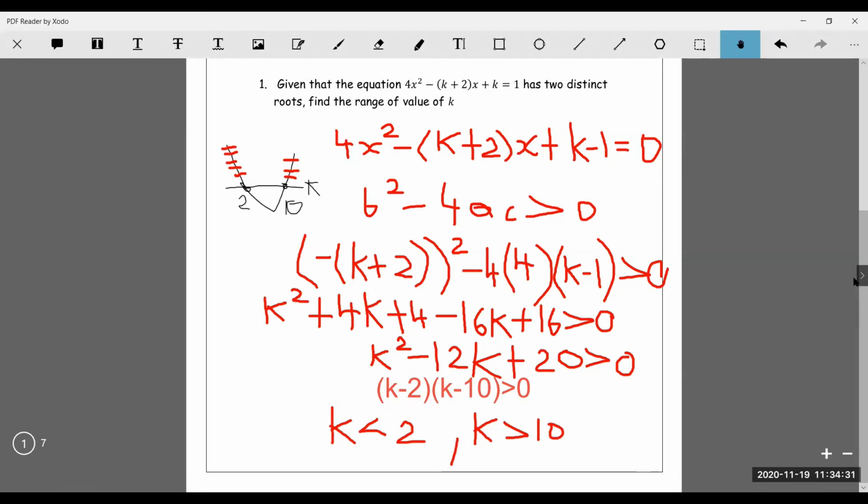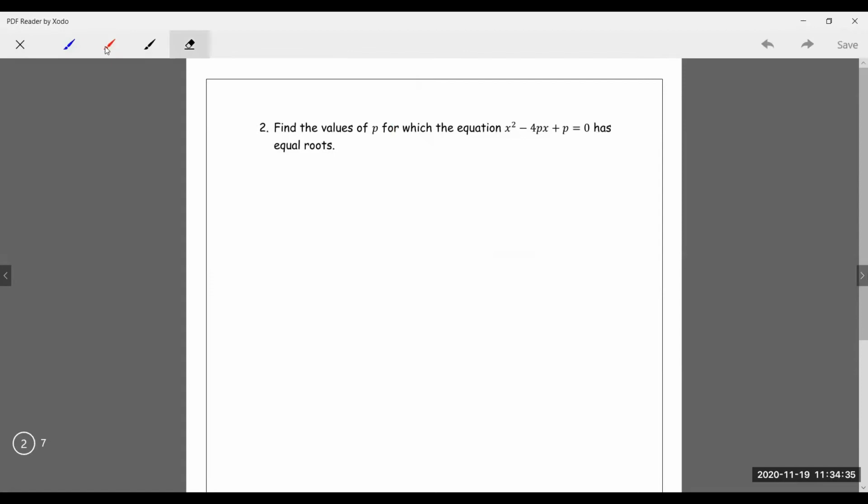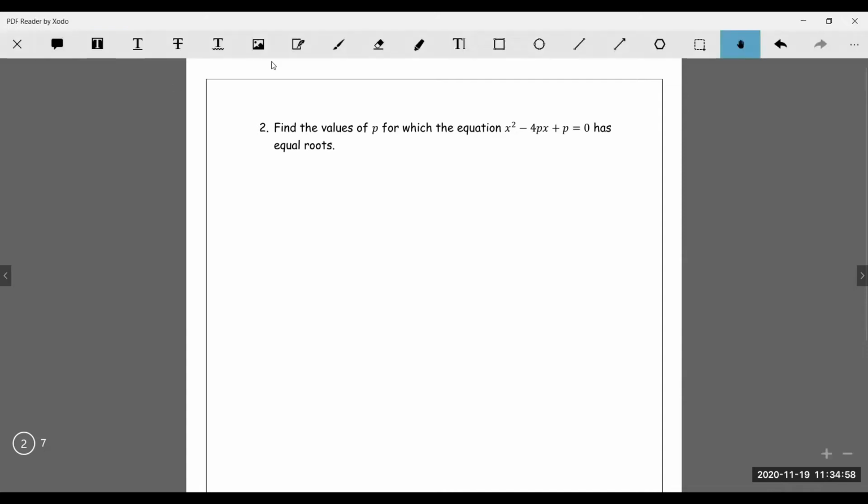Easy. All right. Now question 2 says, find the values of p for which the equation x squared minus 4px plus p is equal to 0 has equal roots. Now, a quadratic equation has equal roots when the discriminant is equal to 0.